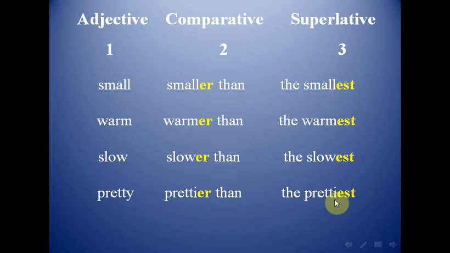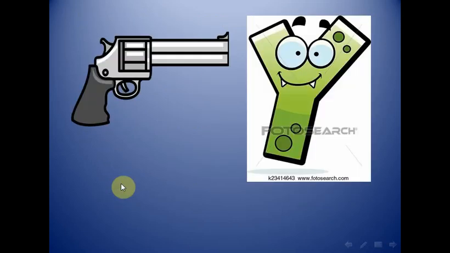Where has it gone? Yes, actually, we killed this monster Y and we replaced it with I. Whenever there is an adjective ending with Y, not like these ones which are not ending with Y, but this one is ending with Y. So whenever you see an adjective ending with Y, you have to kill the monster Y. Kill it, shoot it. Kill the Y and then put I instead of it.